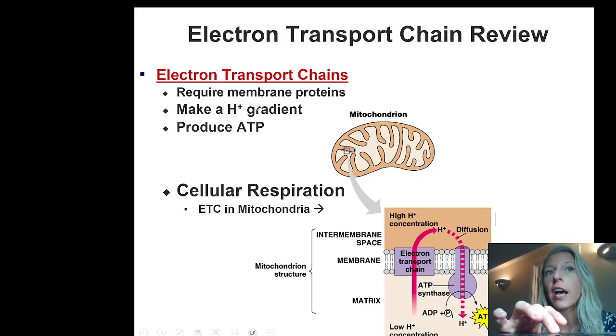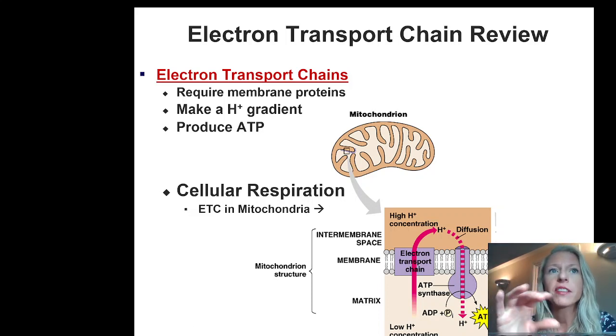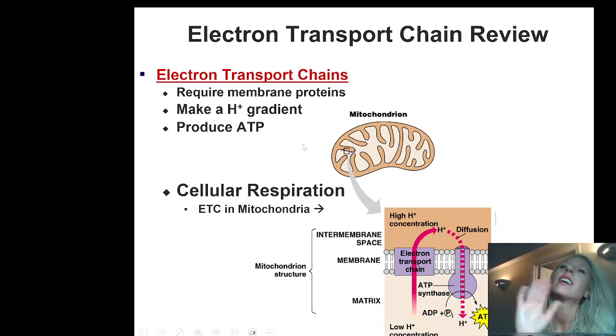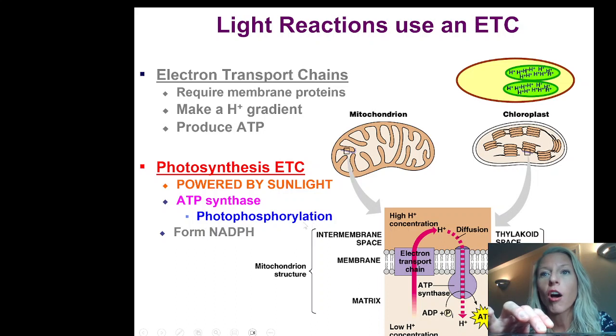Okay, and then that is going to help set up our electron transport chain to create our hydrogen ion gradient that is then going to power an ATP synthase. Okay, so this is our electron transport chain from respiration. It works a little differently in photosynthesis. So in photosynthesis, we still use ATP synthase, and we have what's called photophosphorylation going on.